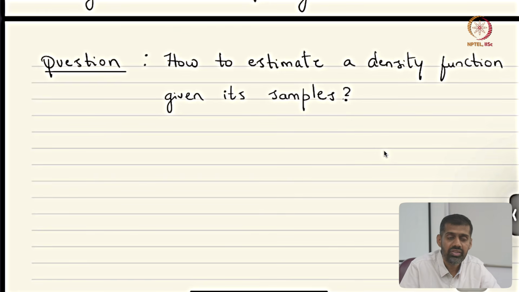So this is the central question that we will be asking: given samples from an underlying distribution, how do we estimate it? So let us see how to do that.